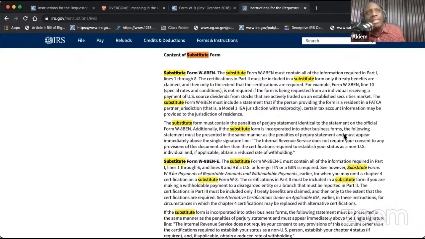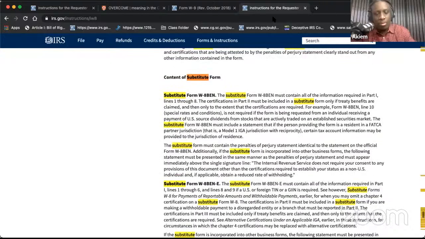You know, I would not take the form W-8 BEN offline and use it as is, because of course, they're going to have it written in such a way where it traps you. And plus, the W-8 BEN form, let's find a W-8 BEN form.